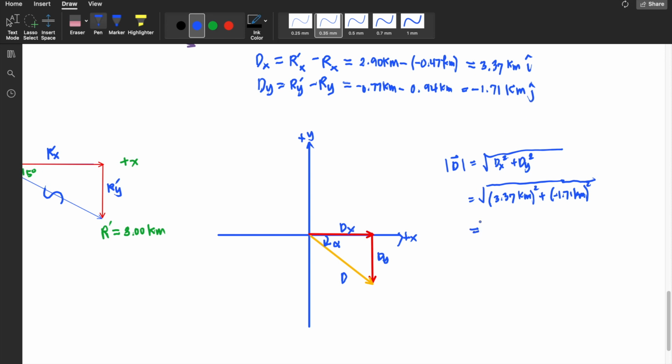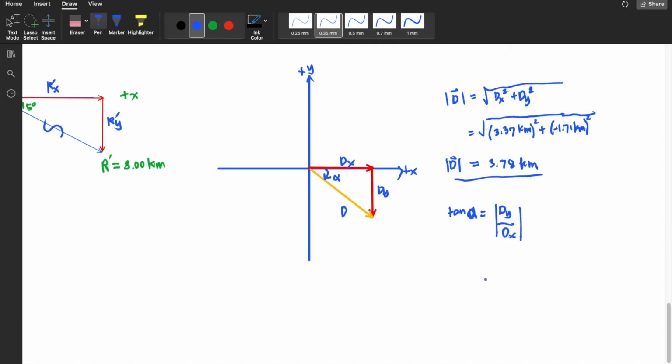The final answer is 3.78 kilometers for its magnitude. For its direction, you could use sine, cosine, SOHCAHTOA, but I'd prefer to use the tangent function for this case: tangent alpha equals opposite dy over adjacent dx, TOA.